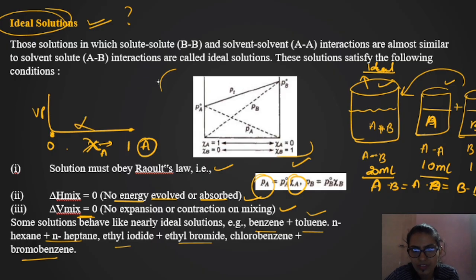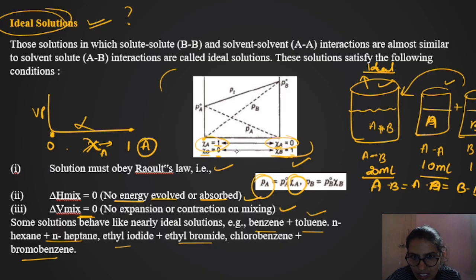Look, at this point the mole fraction of A is 1 and the mole fraction of B is 0. And at this point the mole fraction of A is 0 and the mole fraction of B is 1. It means from this end to this end, the mole fraction of A is decreasing, and from the other end, the mole fraction of B is decreasing, right?